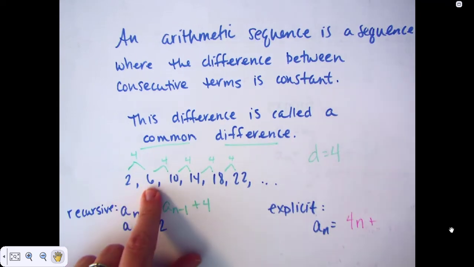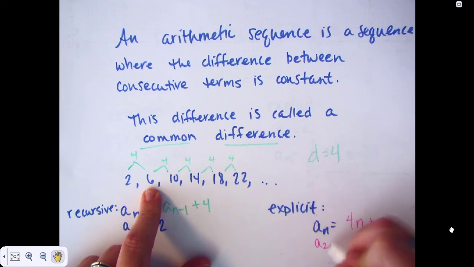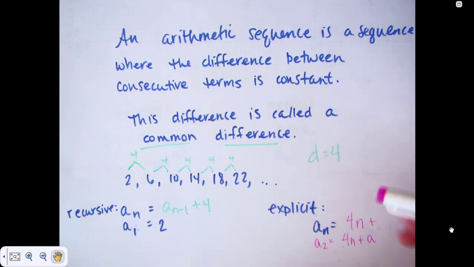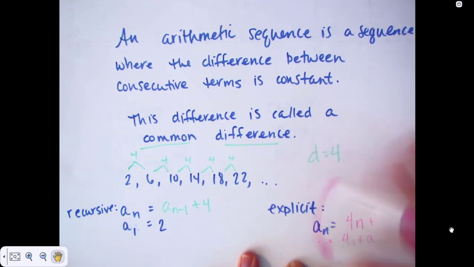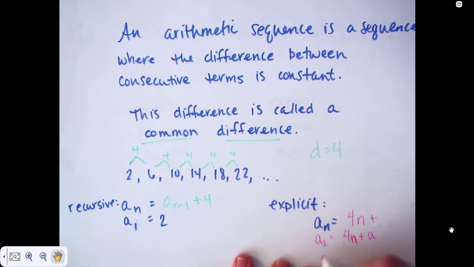If I were to choose a sub 2, then 4n plus, what would give me a sub 2? A sub 2 happens to be 6. So I'm going to replace, well here, I'll just keep that. A sub 2n. And then I'll do a sub 2 is 6. 4 times 2 plus a, and I'll solve for that a value.